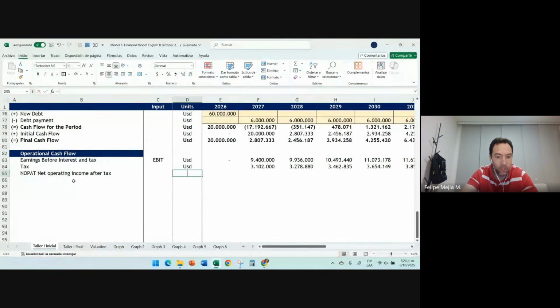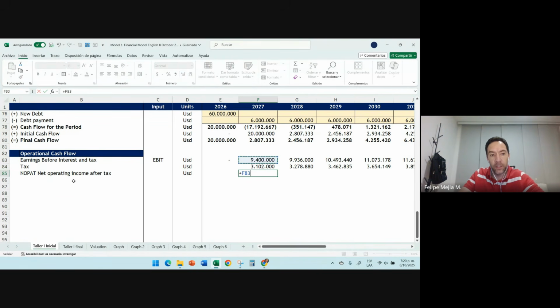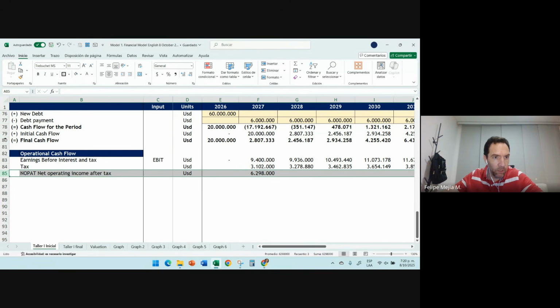People from accounting backgrounds do not recognize the NOPAT, because it is specifically a concept created for financial professionals that work in project financial evaluation. In this particular case, we take the earnings before interest and tax and subtract the tax, and we get the NOPAT, or net operating profit after tax.